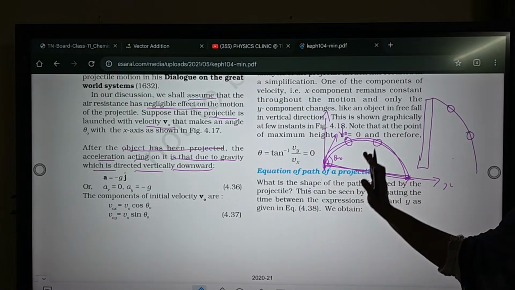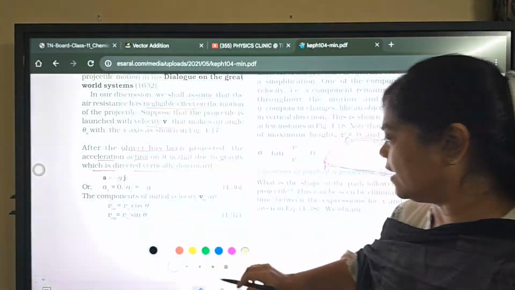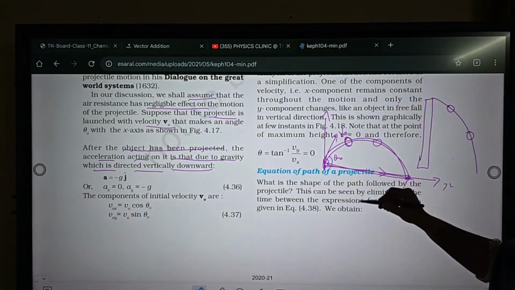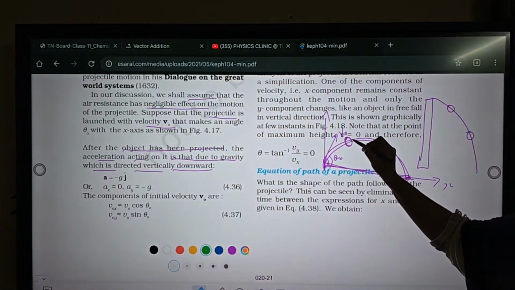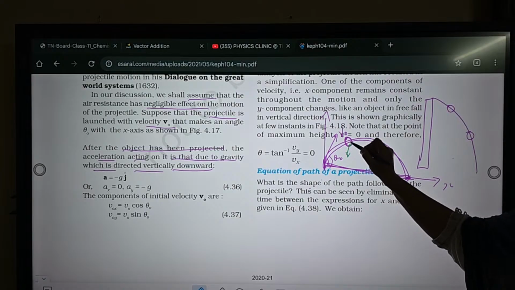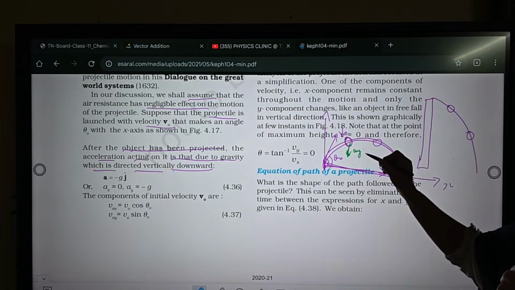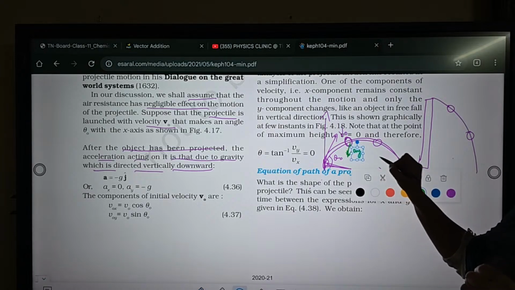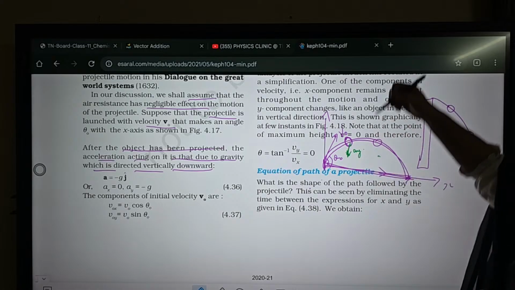Now the object flies in the air, so it has acceleration vertically downwards. Why? Due to gravity. Gravity pulls the object towards the ground.